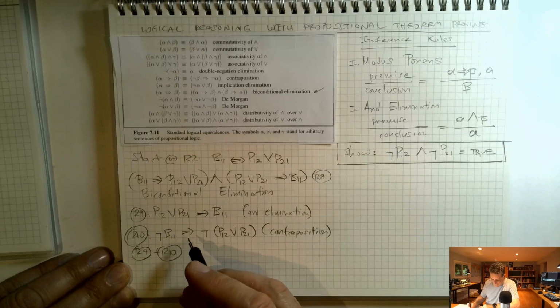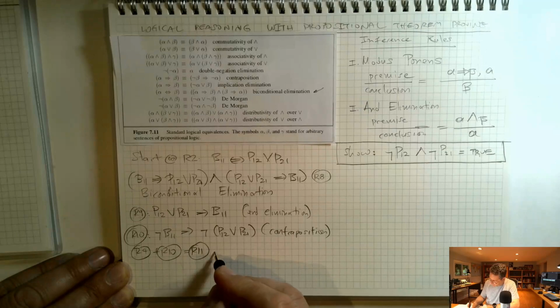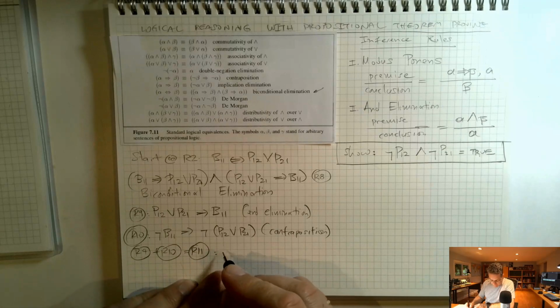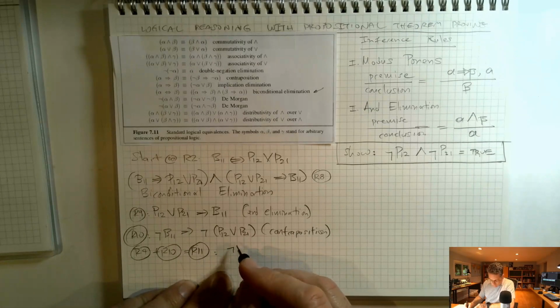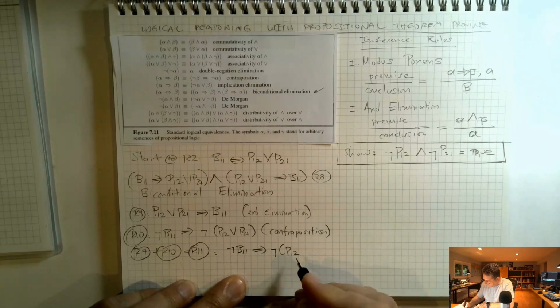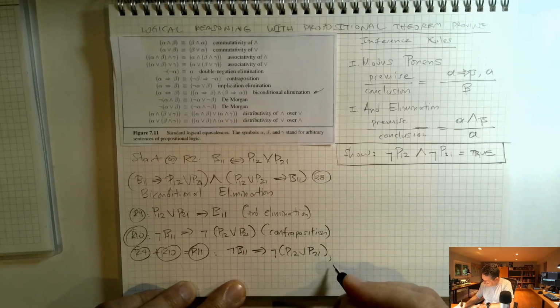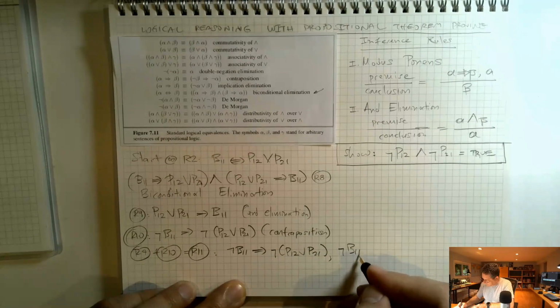we will arrive at rule R11, which I'm going to write now: we have negation of B11 implies negation of P12 or P21, comma, negation of B11.